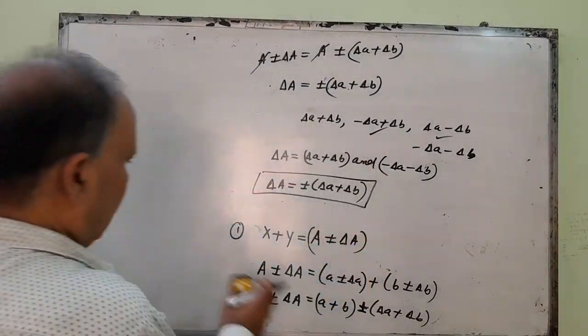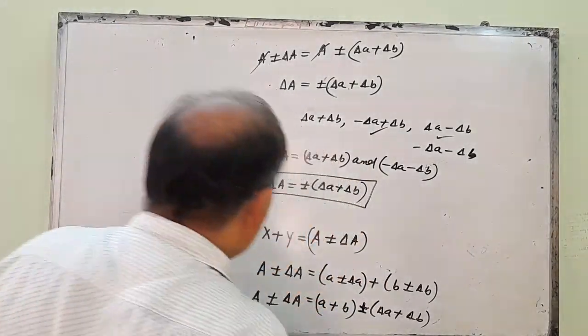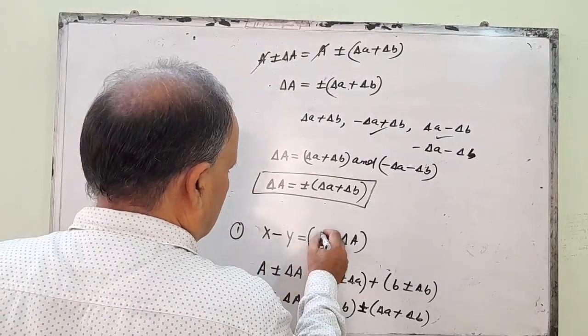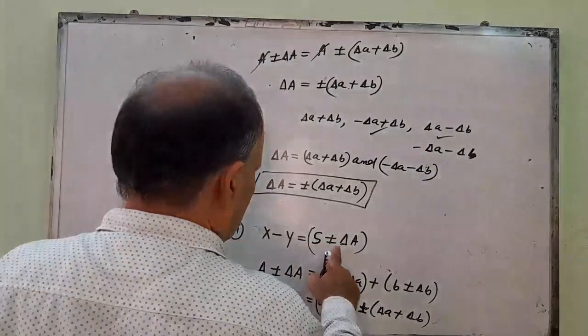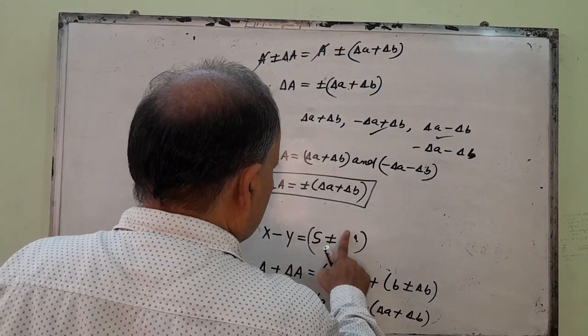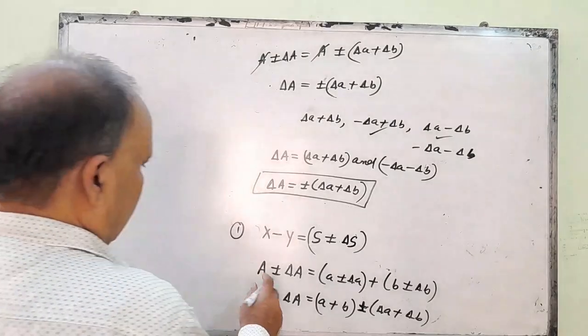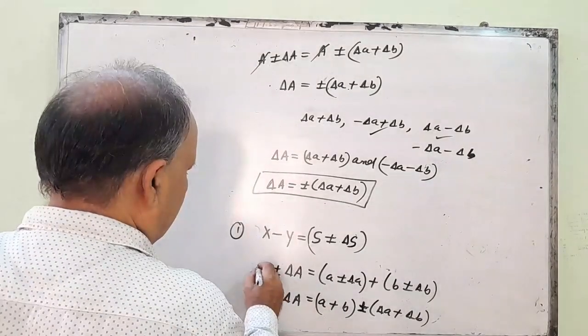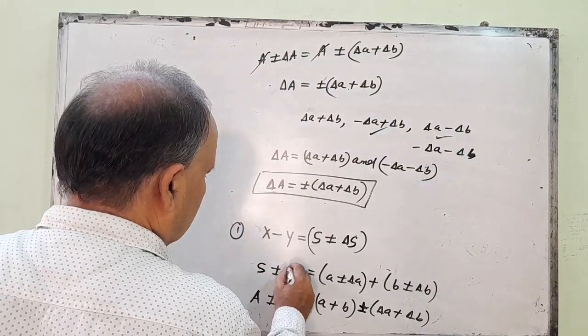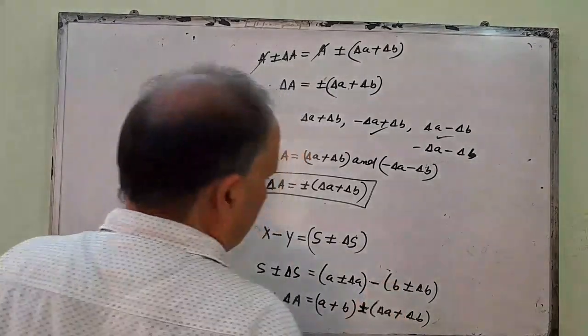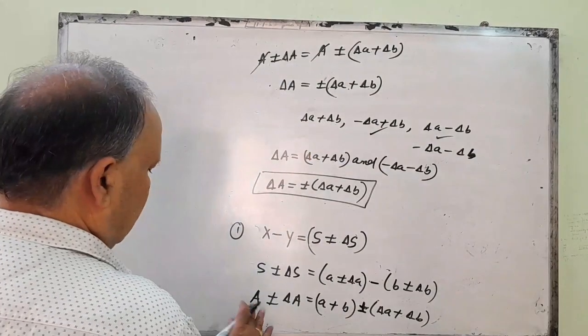Similarly, in case of difference, you find x minus y. I take it as a subtraction. Suppose x minus y is equal to s plus minus delta s. So s plus minus delta s is equal to a plus minus delta a minus b plus minus delta b.